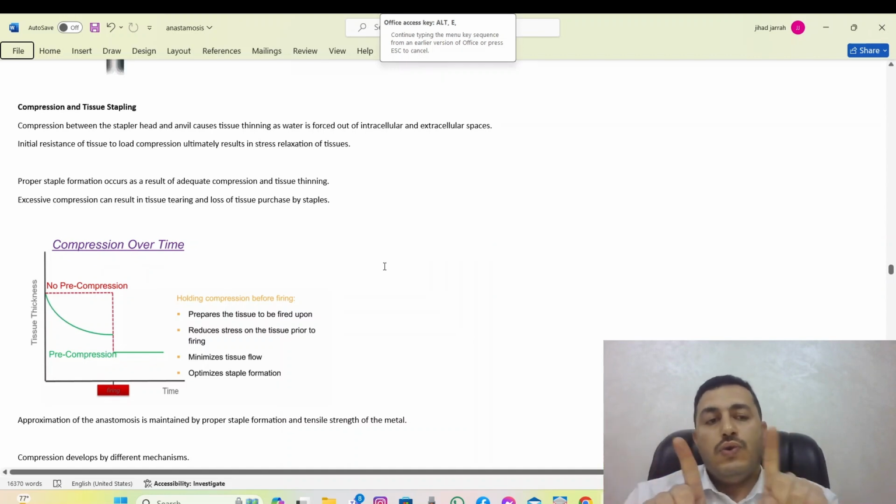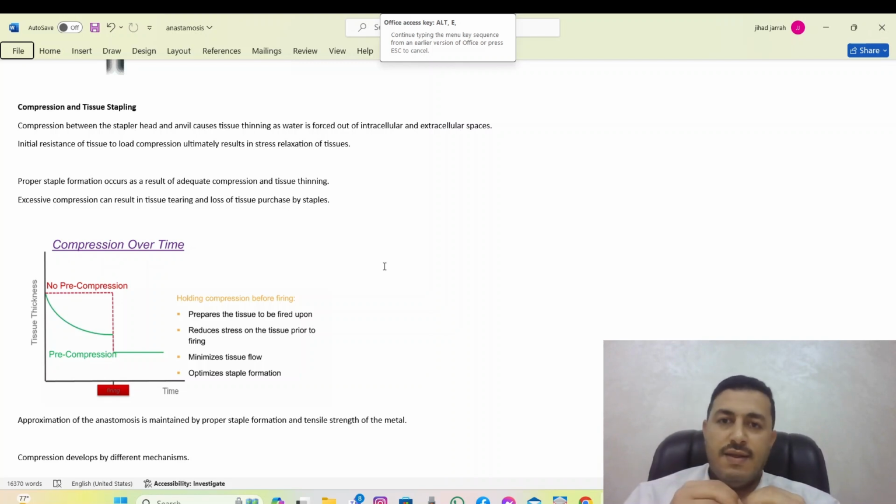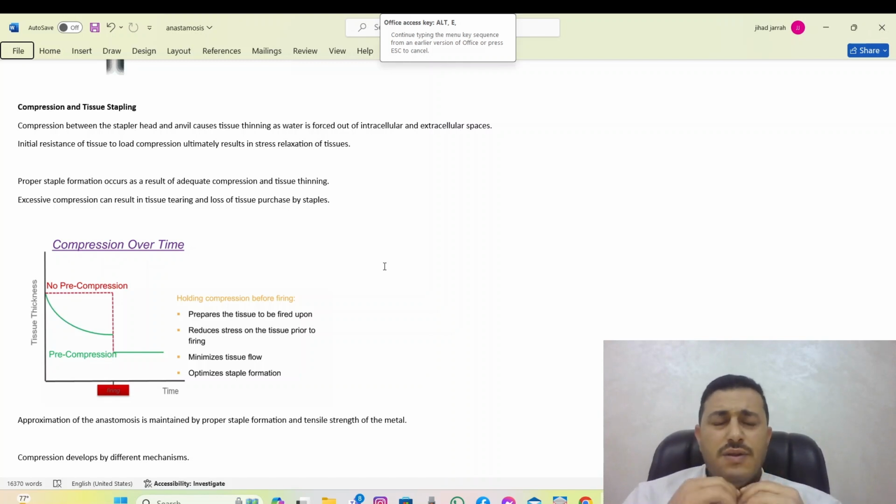After you use your staplers, you compress the tissue between the staplers, and so the fluid in the tissues, whether intracellular or extracellular, will get out of the staple line so that the staple can be formed well. And there are different types of compression, depending on the type of the stapler, circular stapler, linear stapler.